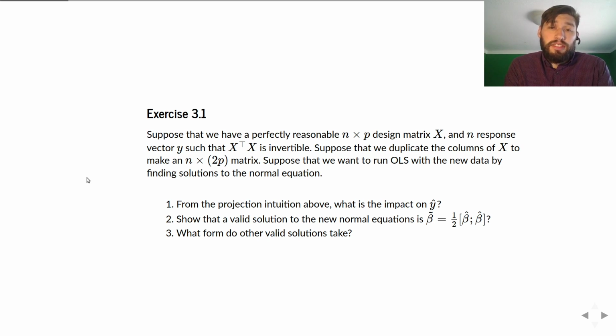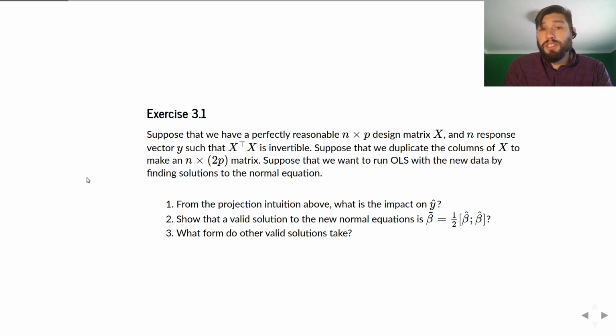Suppose the solution is still doing some sort of projection. It's just not exactly clear how to get this projection matrix using the inverse of X transpose X, because now it's not invertible. I won't tell you how to do that right off the bat, but we're going to work with the normal equations, and I'm just going to tell you that y hat is still a projection onto the column space of this new design matrix.